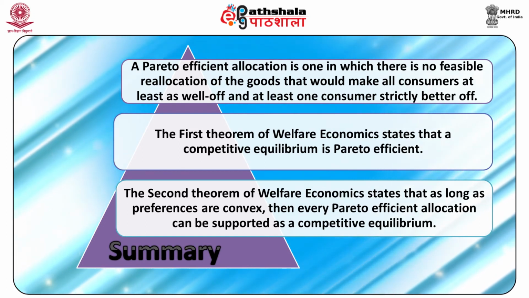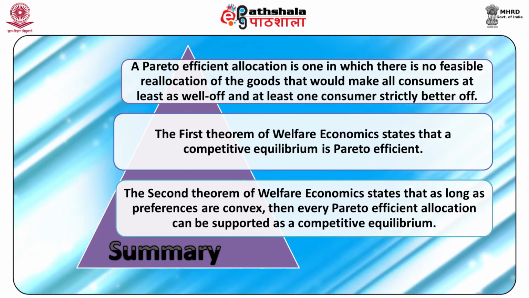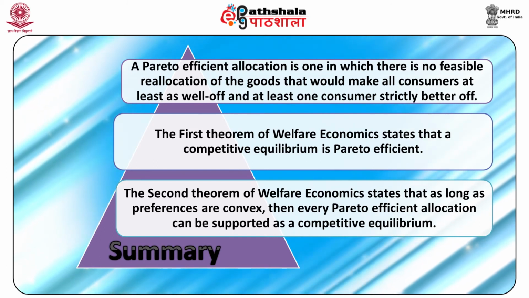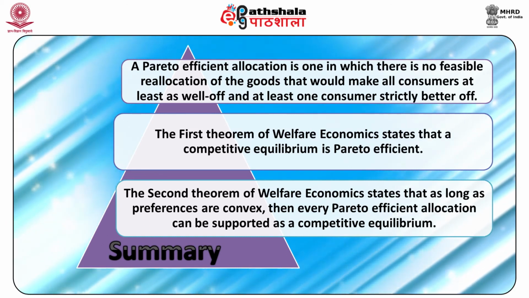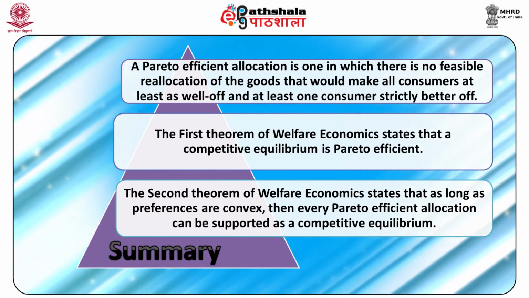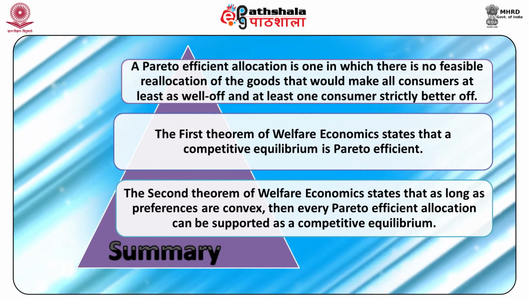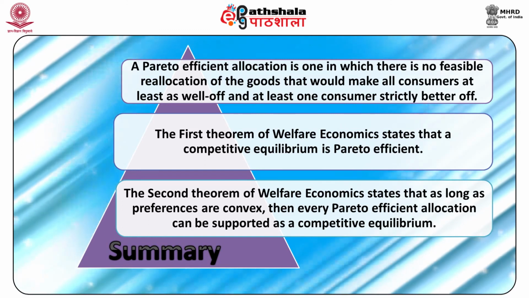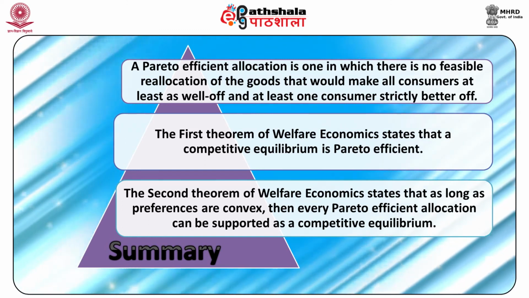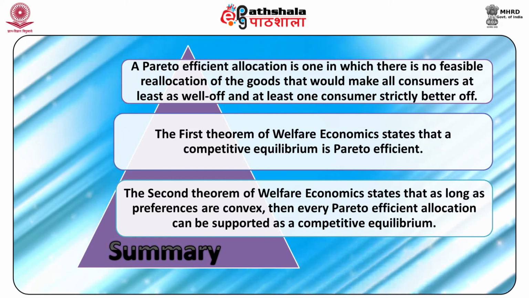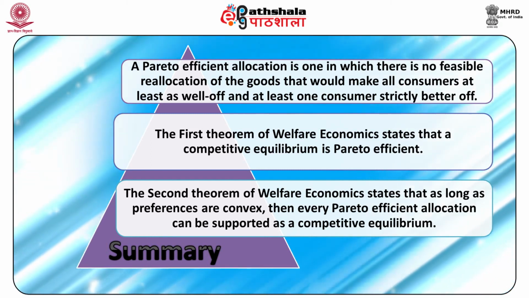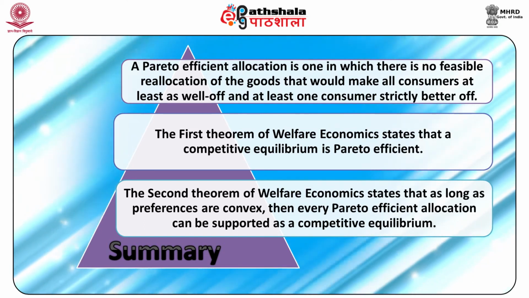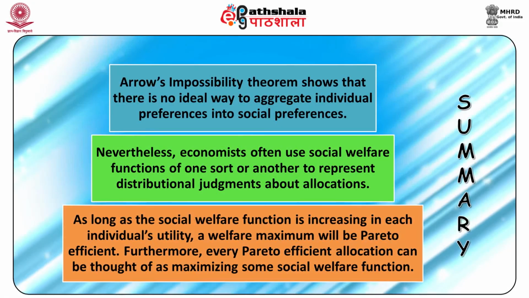2. The first theorem of welfare economics states that a competitive equilibrium is Pareto efficient. 3. The second theorem of welfare economics states that as long as preferences are convex, then every Pareto efficient allocation can be supported as a competitive equilibrium. 4.